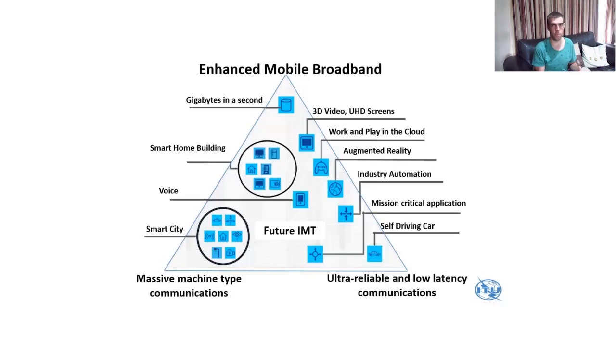It might just be something in the future because it's not as much developed, but that's another reason. The third main reason is massive machine type communications, which basically just refer to smart cities and all these smart type of devices and Internet of Things type applications.